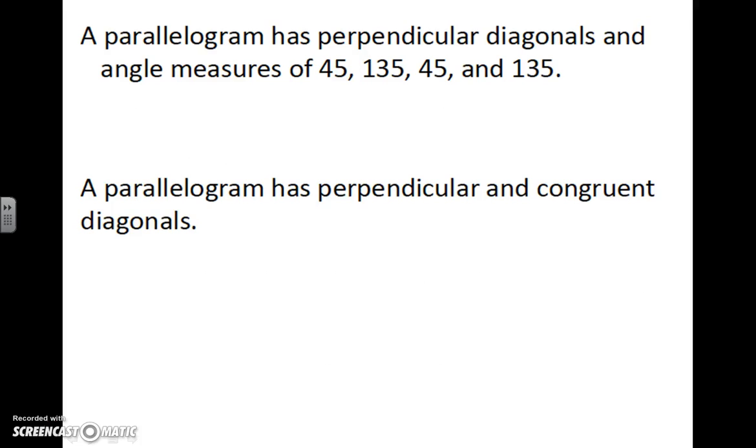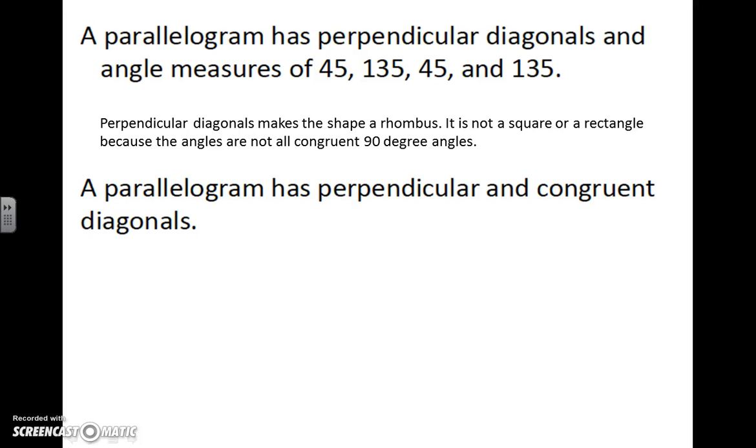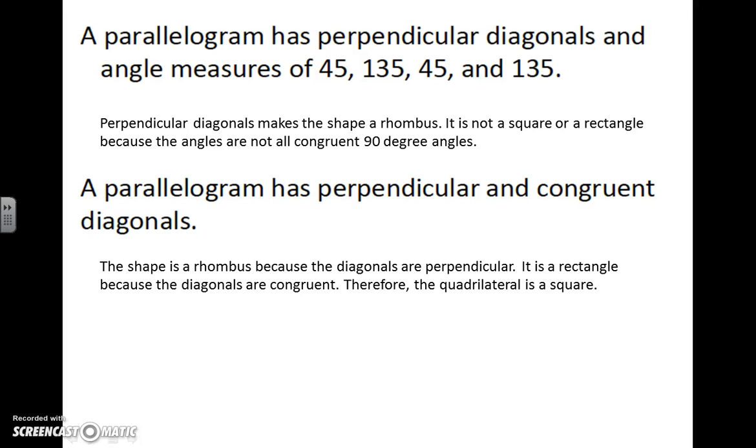A parallelogram has perpendicular diagonals and angle measurements of 45, 135, 45, and 135. The perpendicular diagonals make the shape a rhombus. It is not a square or a rectangle because the angles are not all congruent 90-degree angles. A parallelogram has perpendicular and congruent diagonals.